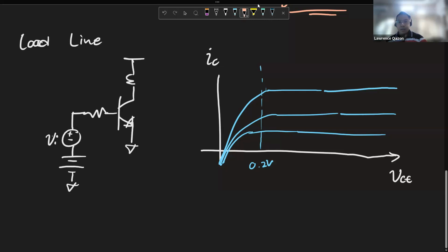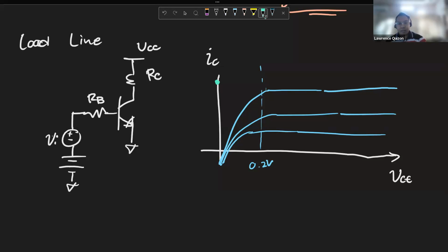Anyway, what we have here is the fact that, given VCC, RC and RB, dito sa circuit natin, 'di ba may load line 'yan?